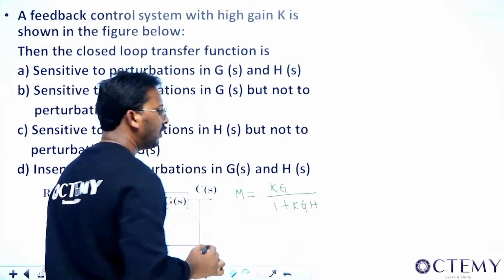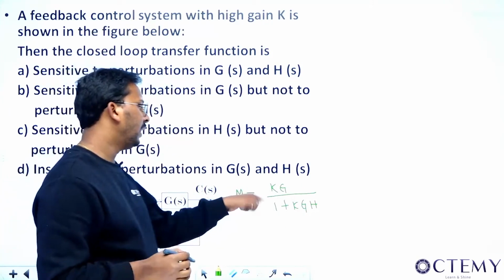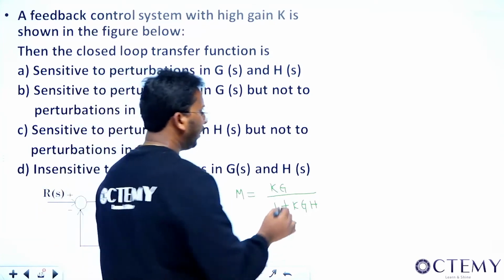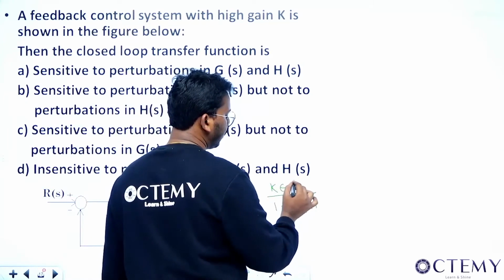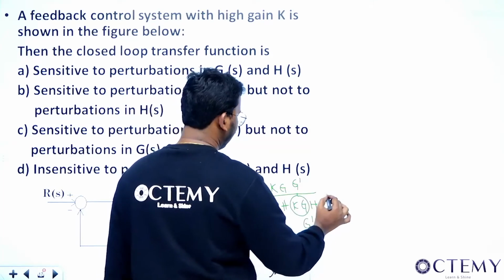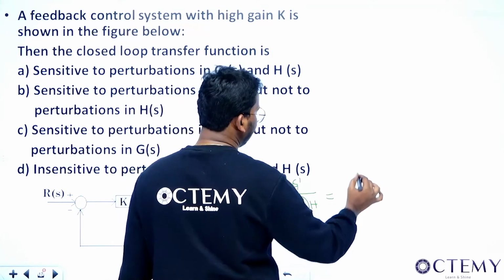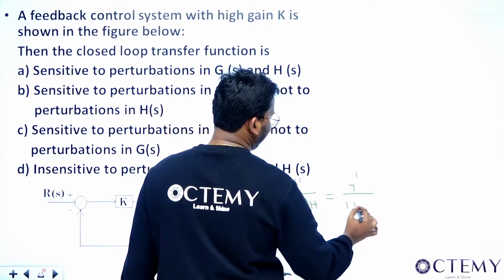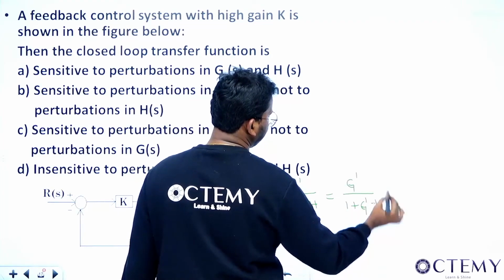Right? So whatever formula we have derived, it is just the same as that. In place of G, you have KG, so let me replace it with G dash. So basically what will you get, sir? This M is basically G dash divided by 1 plus G dash H. Right?